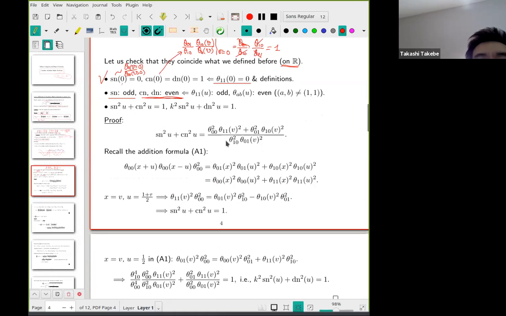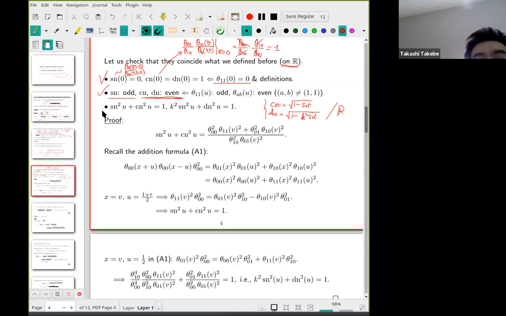Other properties are like this. Or, well, we defined cn and dn by this formula over R, that's reflecting on some interval.